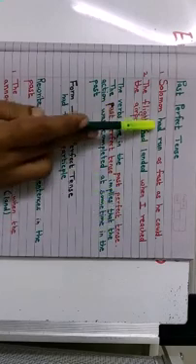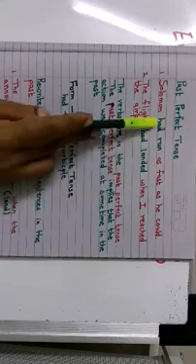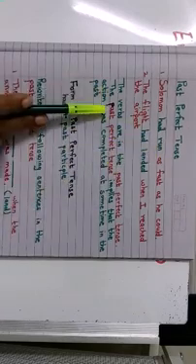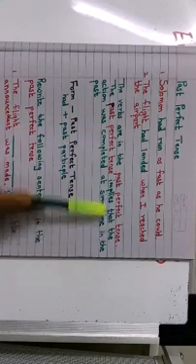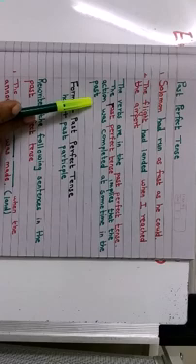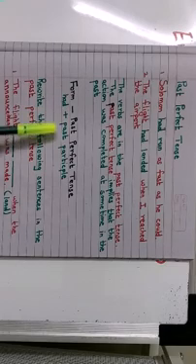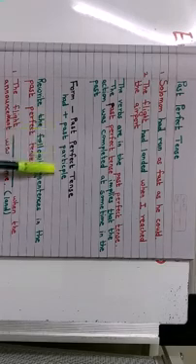Which verbs, children? This, had run and had landed. These are past perfect tense. The past perfect tense implies that the action was completed at some time in the past. Right? And how do you form it? We put had and you have to add the past participle.